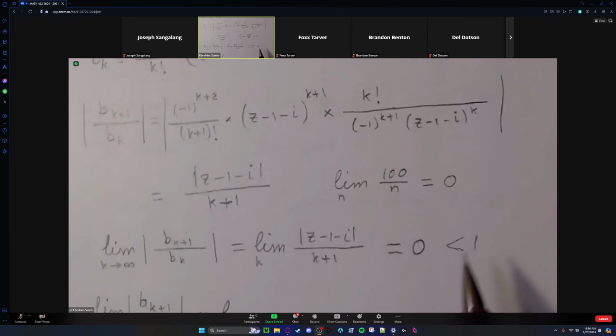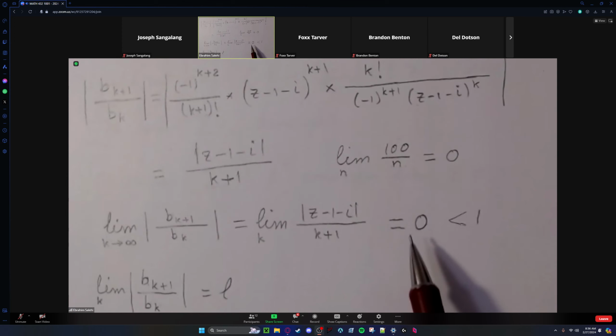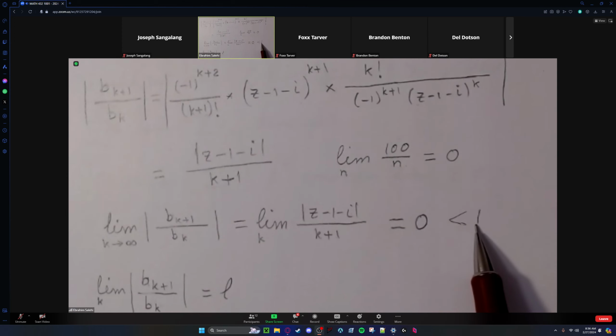That is what we call L. If L is less than 1, the original series converges absolutely. If L is bigger than 1, it diverges. If L equals 1, no conclusion.